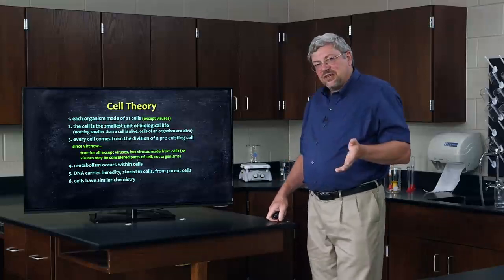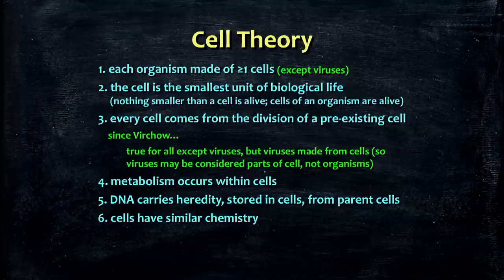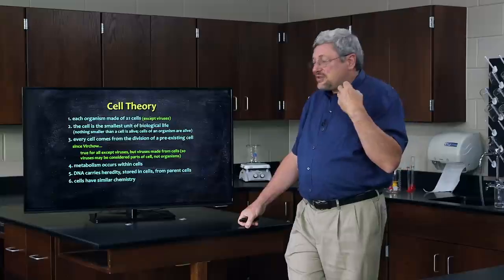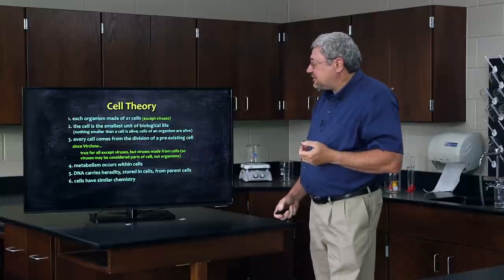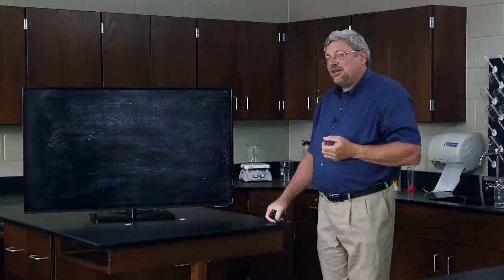And finally, in the sixth place, cells have very similar chemistry to each other. And in the next session, we're going to look at characteristics of cells. Characteristics cells have in common, and we see that there are a number of things that all cells have in common and find together.